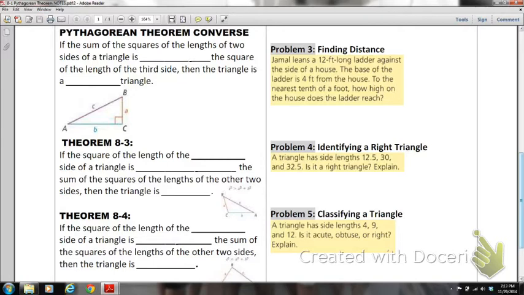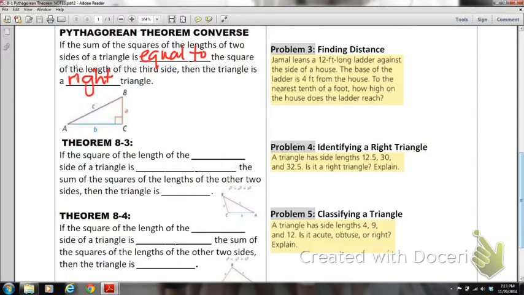The converse of the Pythagorean theorem is just a way to prove whether a triangle is a right triangle or not. So it states that if the sum of the squares of the length of 2 sides of a triangle is equal to the square of the length of the third side, then that triangle is a right triangle.